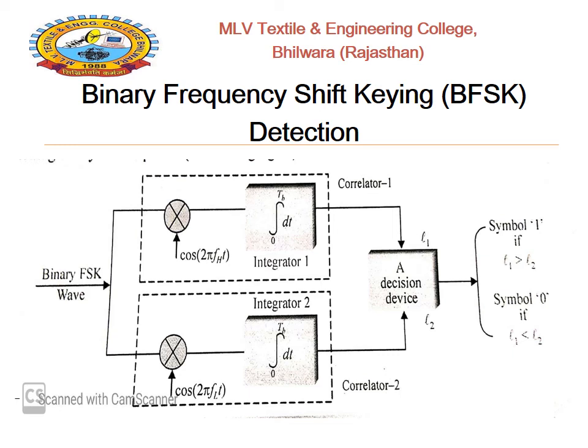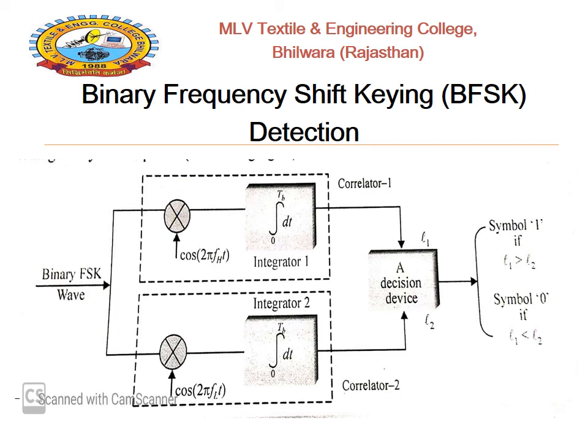The output of integrator 1, related to correlator 1, is L1, while the output of integrator 2, related to correlator 2, is L2. L1 and L2 are fed to the decision making device, which compares both outputs L1 and L2.